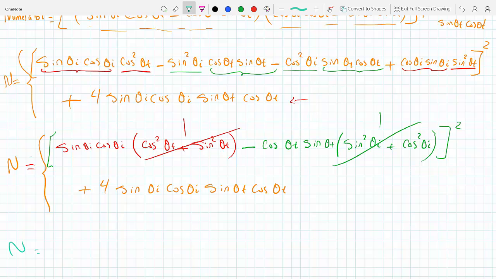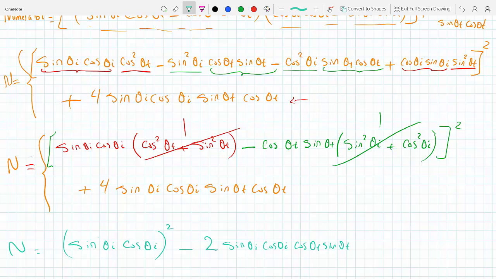So this is gonna be sine theta I cosine theta I squared minus 2 sine theta I cosine theta I cosine theta t sine theta t.